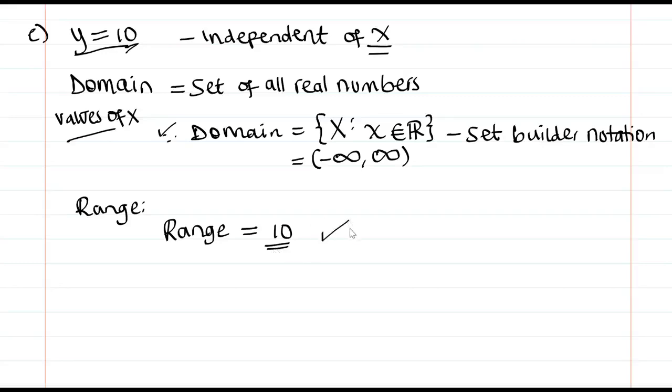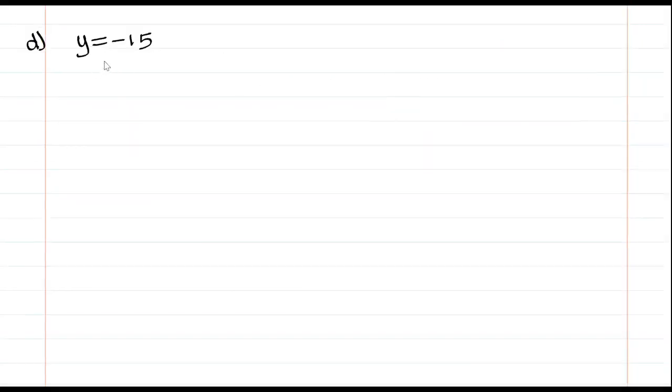And this is the solution to part C. And lastly, part D, for example 1, we are going to find the domain, and if you look at this linear equation, y equals negative 15, which actually means that there is a line cutting the y-axis at negative 15.